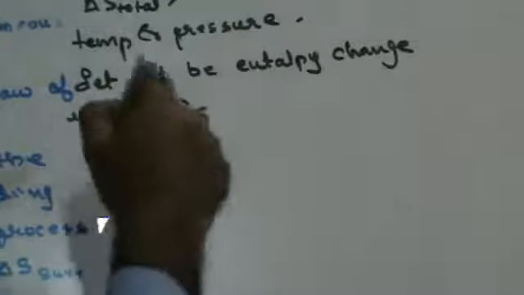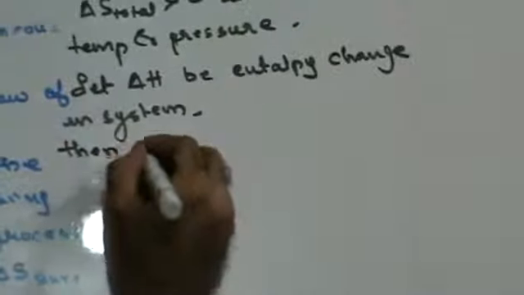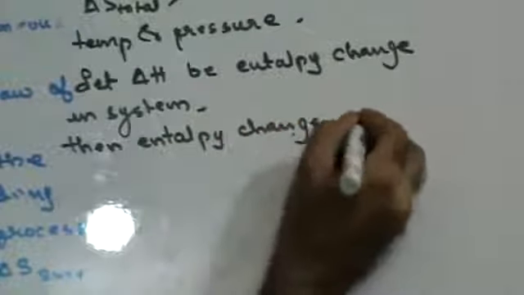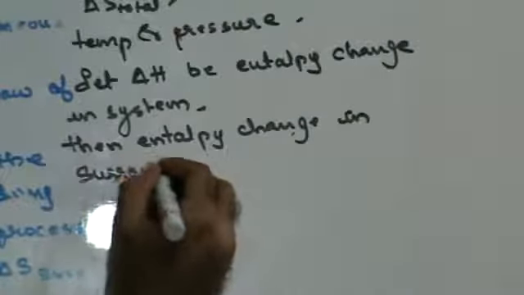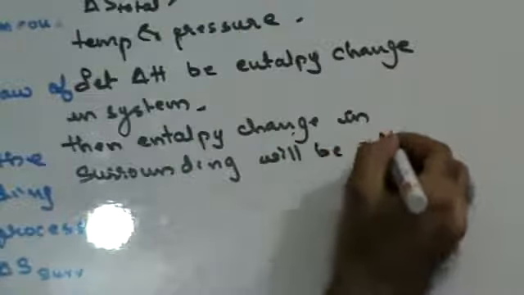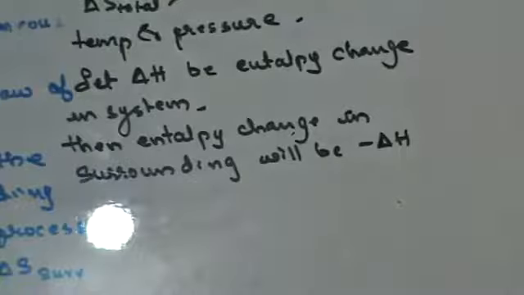If delta H is the enthalpy change in the system, then the enthalpy change in the surrounding will be, simple, minus delta H. Energy can neither be created nor destroyed, right? First law of thermodynamics. If delta H is the enthalpy change in the system, then minus delta H has to be the enthalpy change in the surrounding.